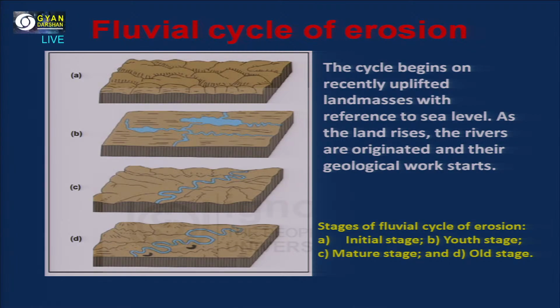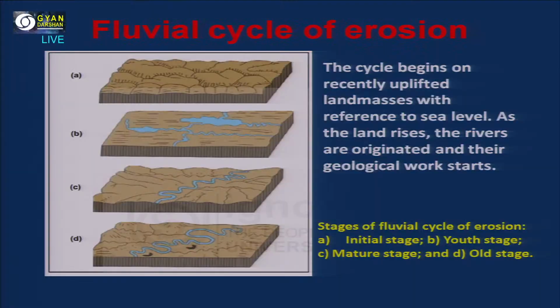Yes, sir. Professor Deshmukh has discussed the initial stage, the youth stage, the mature stage, and the old stage. But what do we mean by fluvial cycle of erosion? You see in this slide, there are four stages: the initial stage, youth stage, mature stage, and the old stage.